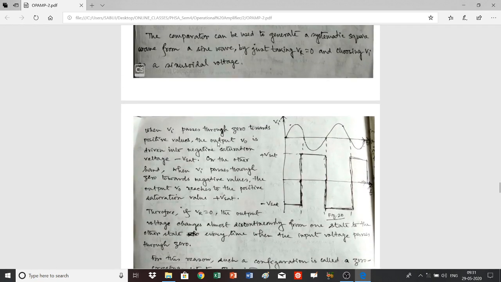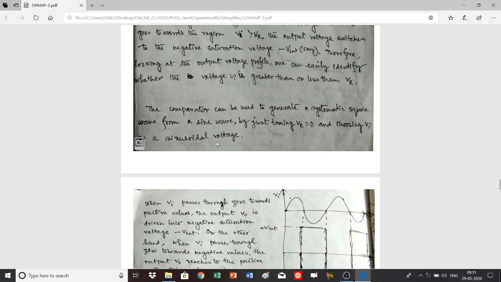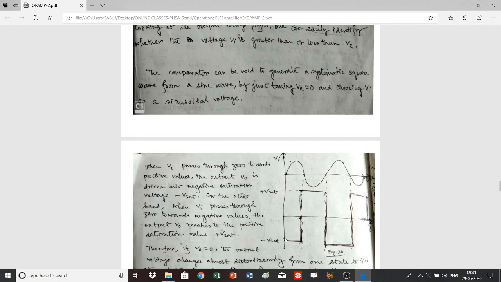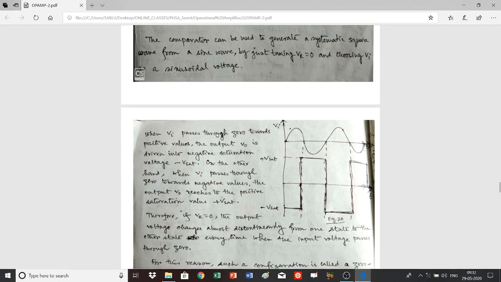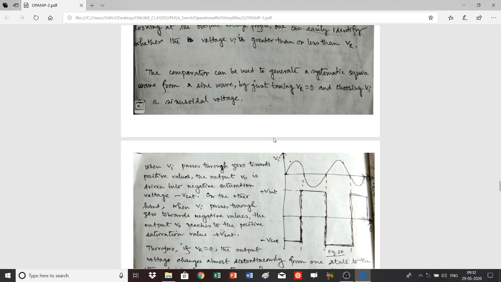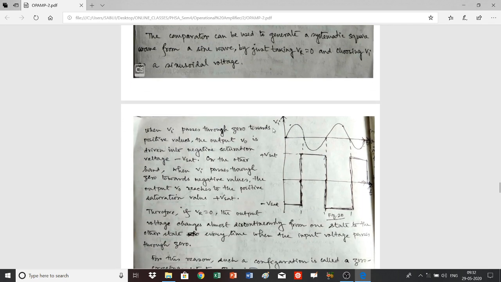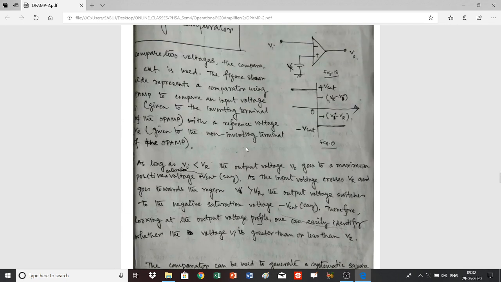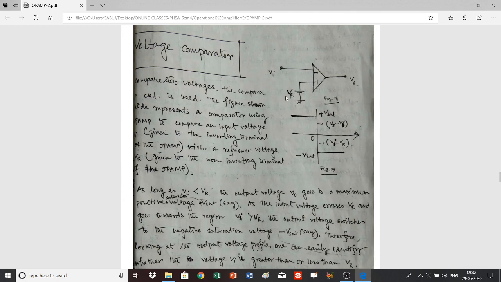Now another important application of the voltage comparator is there: the comparator can be used to generate a square wave from a sinusoidal wave, and this is shown here. If you wish to generate a square wave from a sinusoidal wave, the reference voltage is made zero.